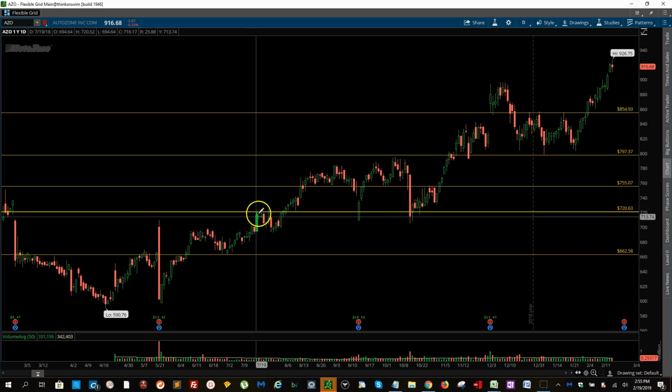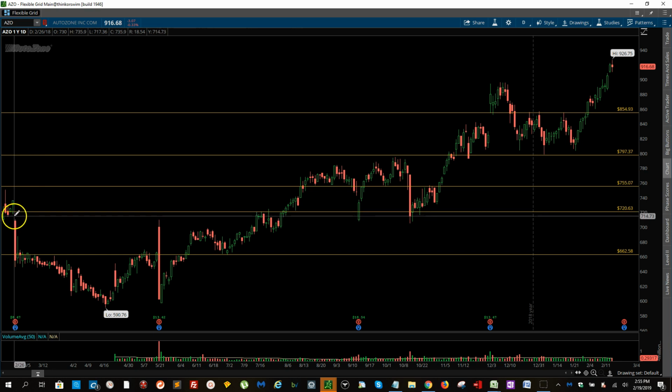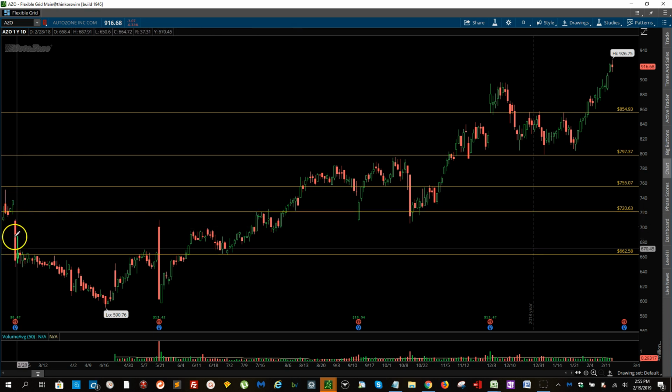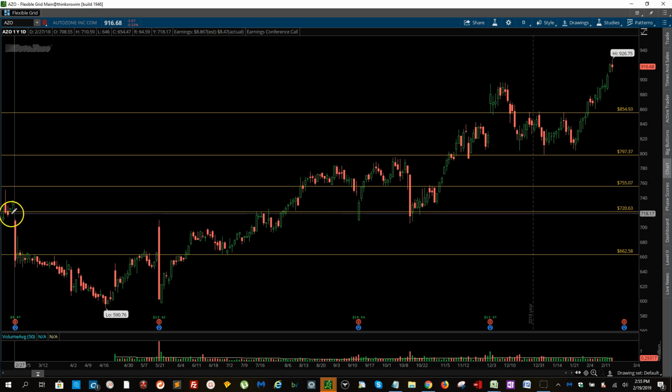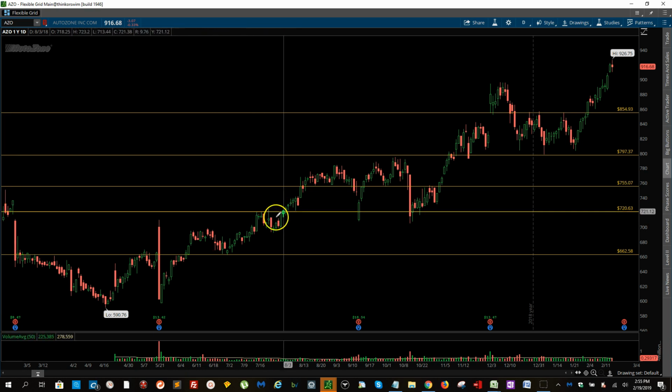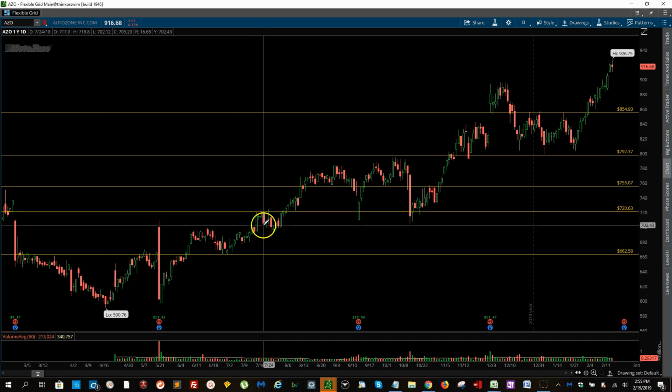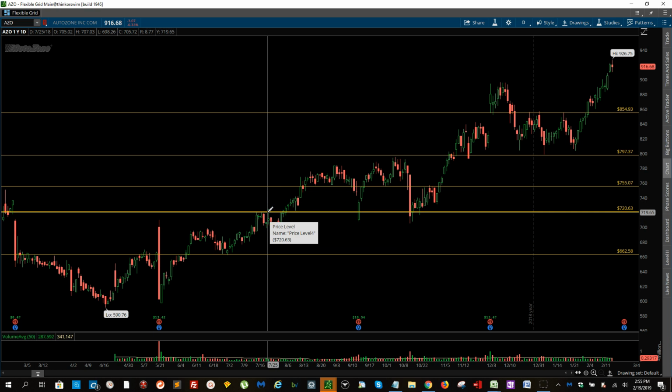We got to this area of interest. Why was this interesting? Well, because it's kind of like, if you will, a gap area, because you noticed that price was here, and then it gapped down. So I think that's a very interesting area, and of course price did as well, because price came up to that area, touched that area, went back down, came back up, touched that area again.